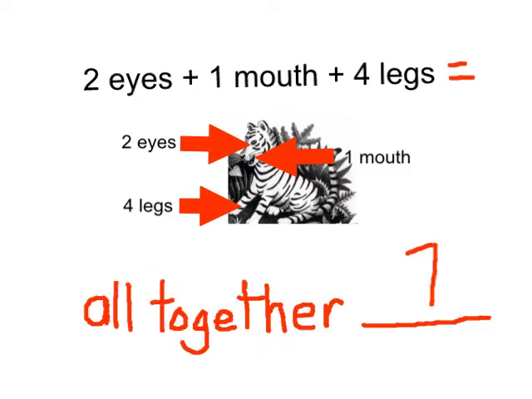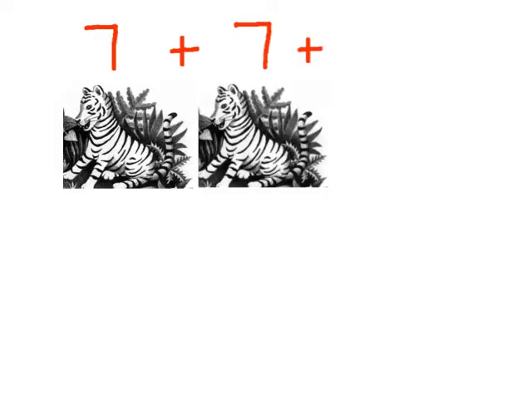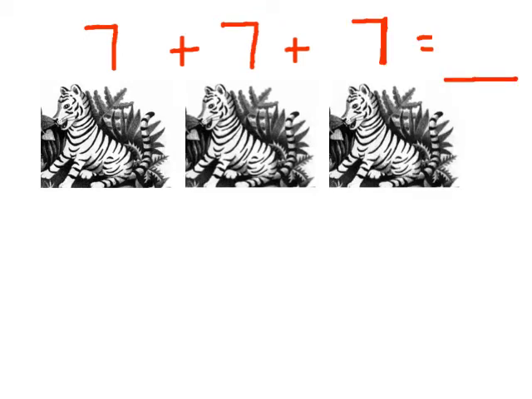Now that I know that one tiger has 7 parts, I'm going to solve this problem. I'm going to add the 7 parts from tiger 1 to the 7 parts of tiger 2 and add another tiger, tiger 3.